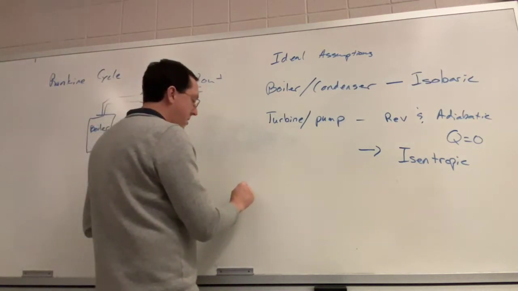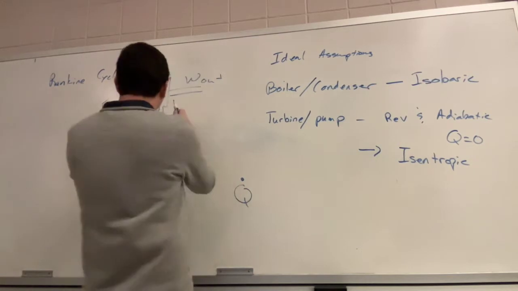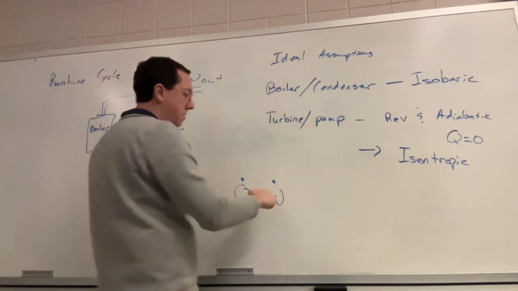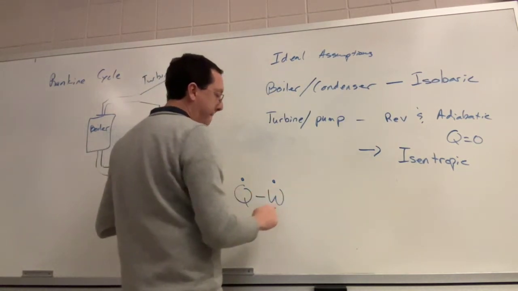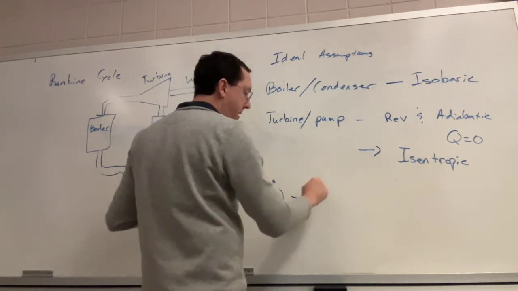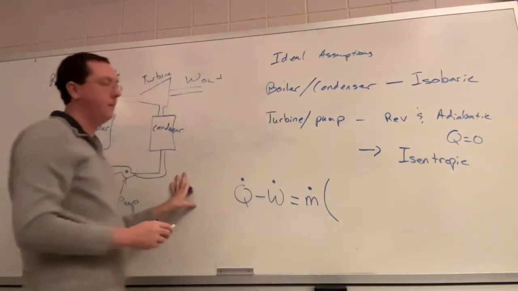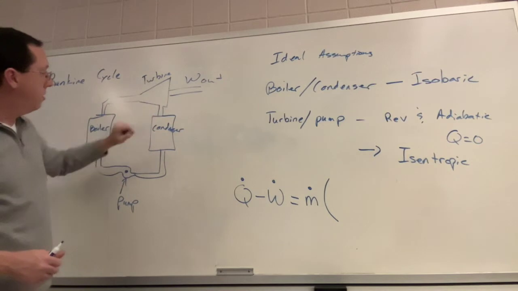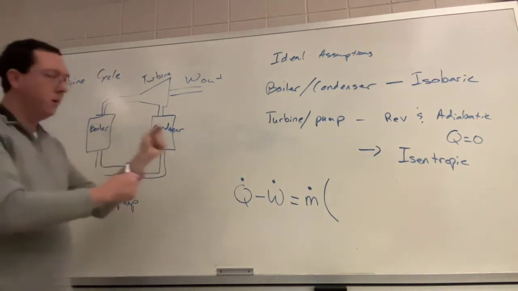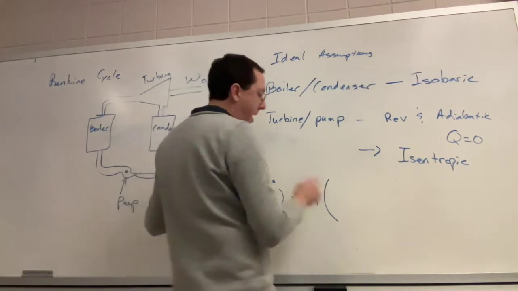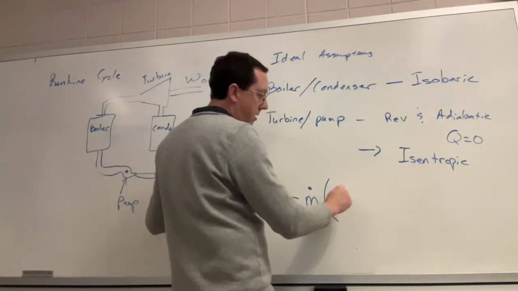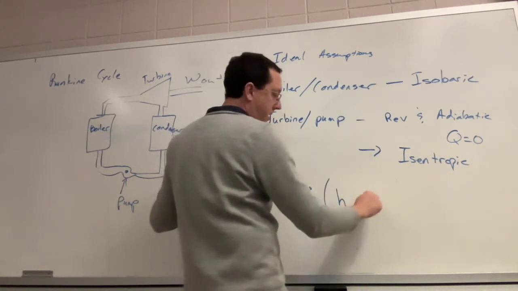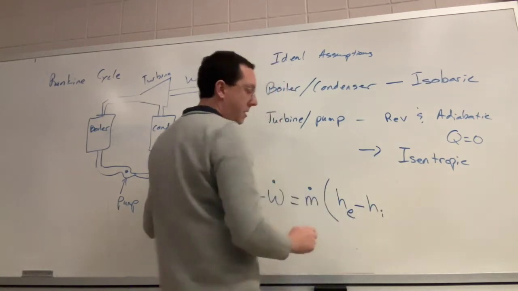And that one says that Q dot for each device separately minus W dot, so the heat transfer rate minus the power, equals the mass flow rate times, and again, you can apply this formula to the turbine or the condenser or the pump or the boiler, the enthalpy leaving the device at the exit minus the enthalpy at the inlet going in.